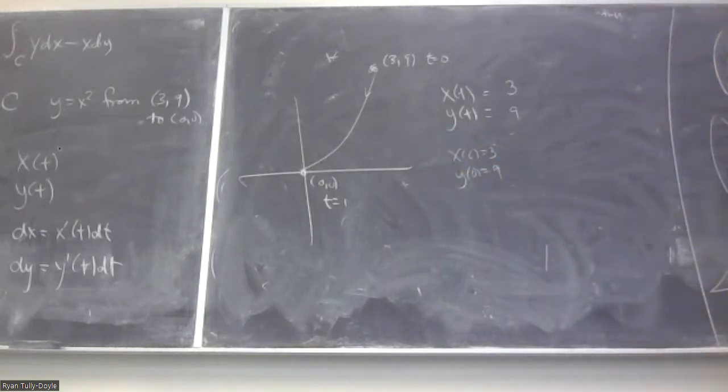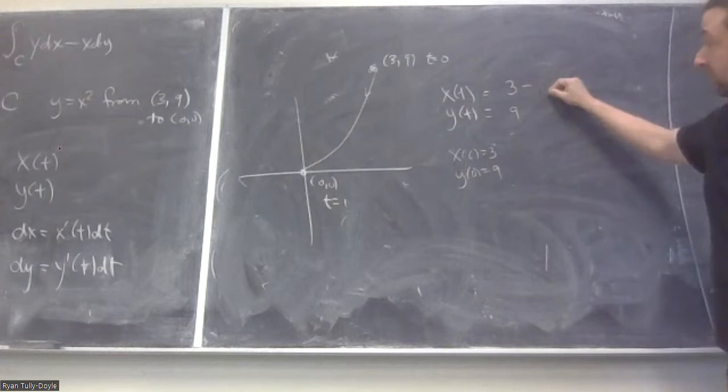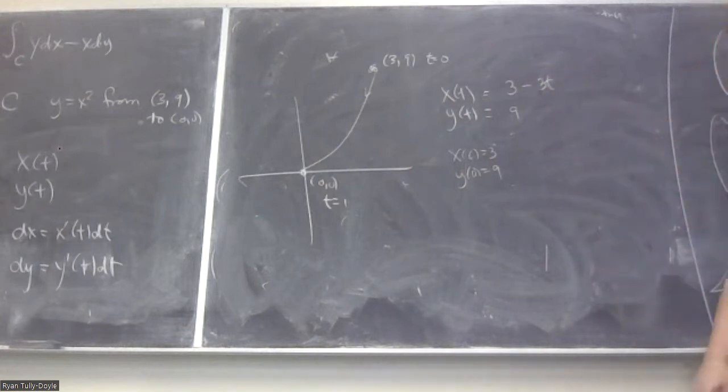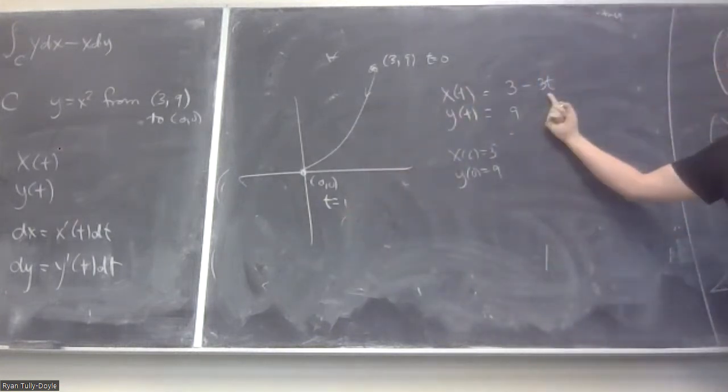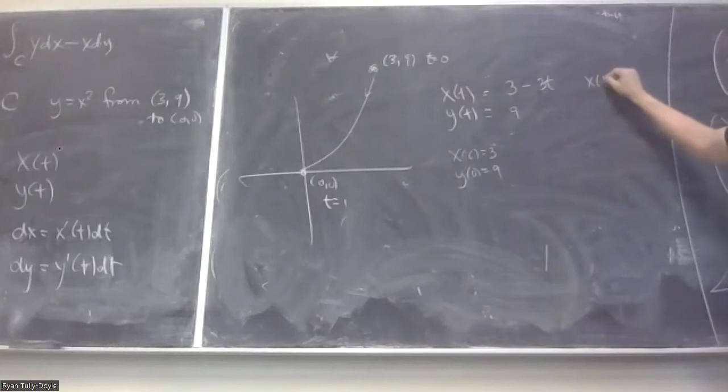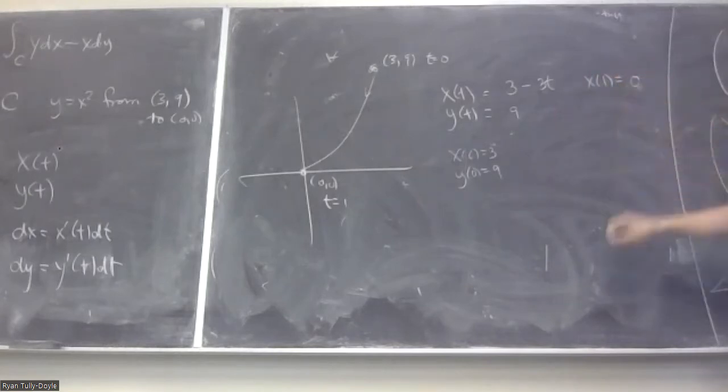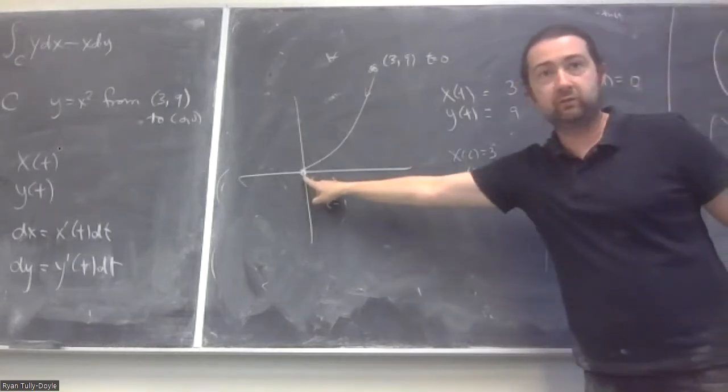What can I throw into this so that I land where I'm supposed to land? Well, I could put a 3t right here. If I started with t equals 0 and ended at t equals 1, what's x of 1, the way I've written this? 0. That's good. That lands me at the right x coordinate.